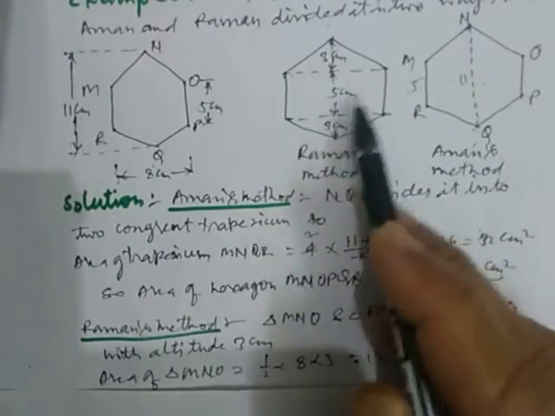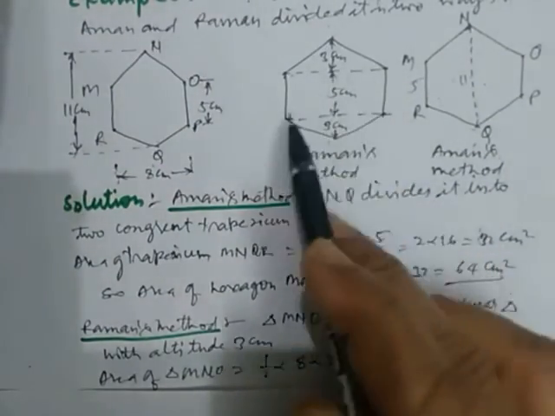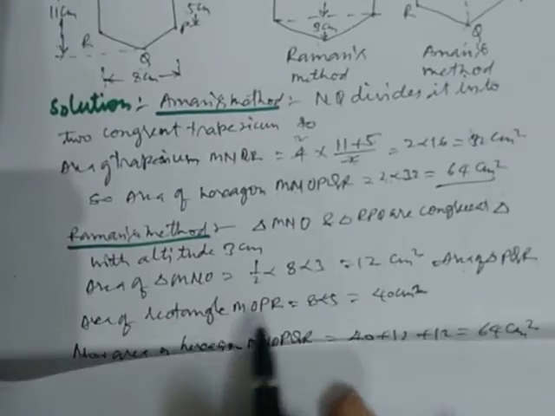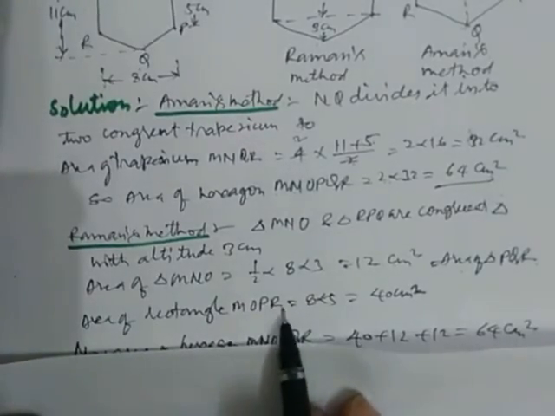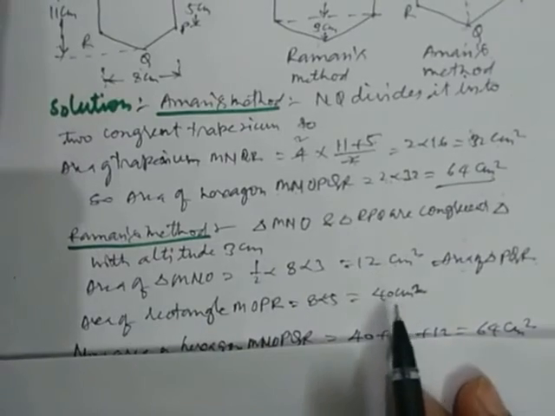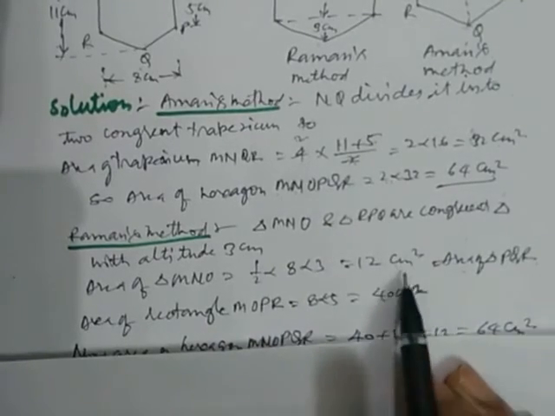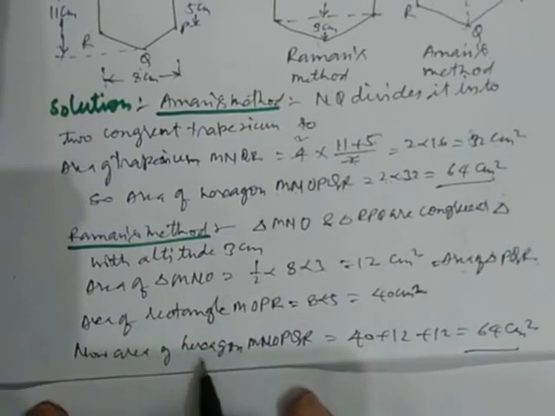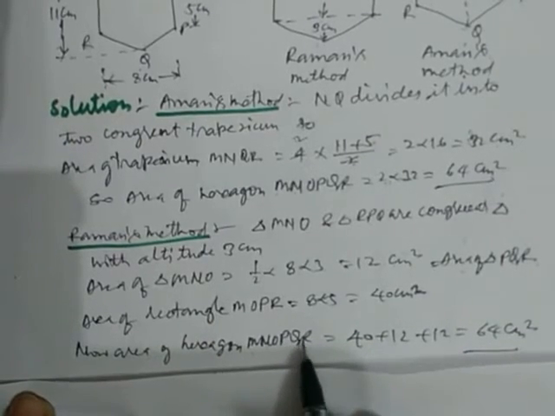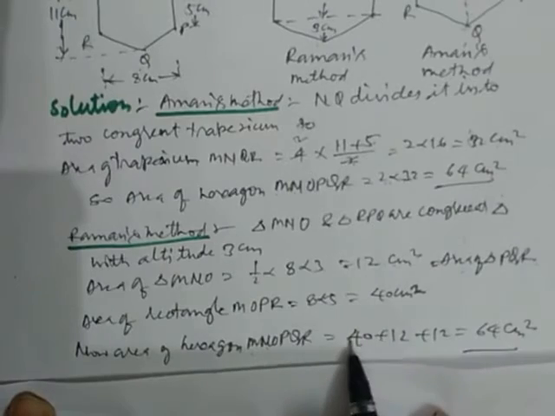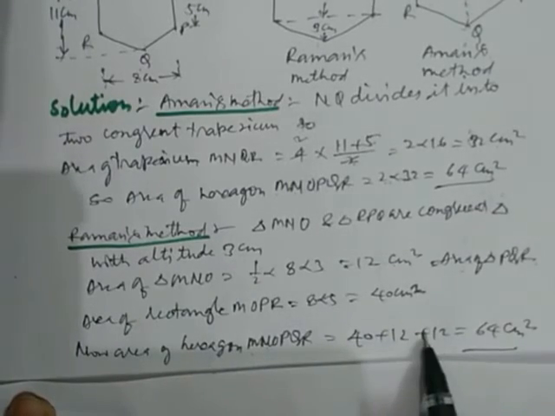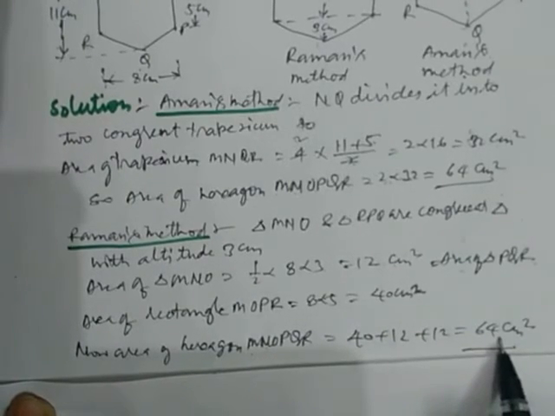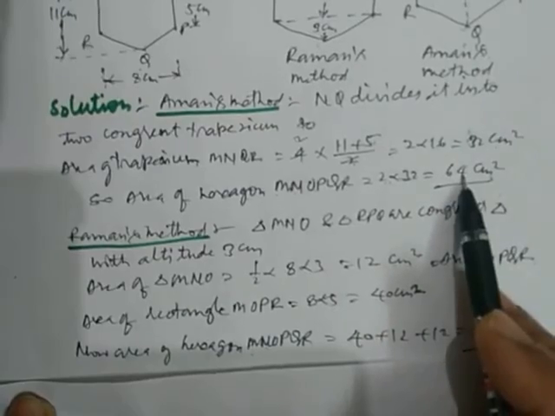So we get the area of both these triangles. Now we calculate the area of the rectangle MOPR, 8 into 5, that is 40 centimeter square. Now add these all, so we get the area of hexagon MNOPQR. This 40 plus this 12 and this 12 also, so we get 64 centimeter square, which is just equal to that.